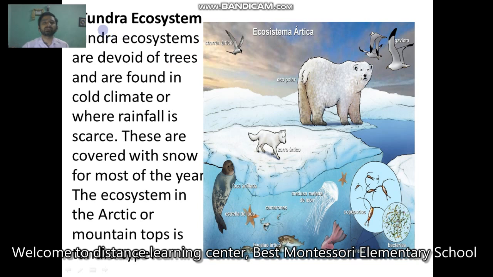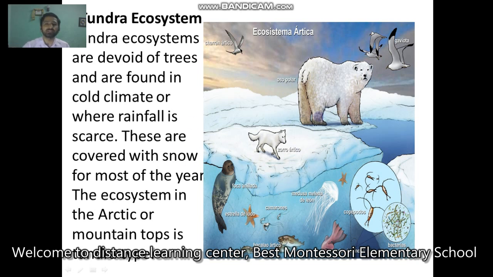Now the name tundra means those that lack trees and are found in cold climate, where rainfall is scarce and there is snowfall. That means for most of the year, the land is covered with snow. It is generally found in the Arctic region and on top of the mountains.